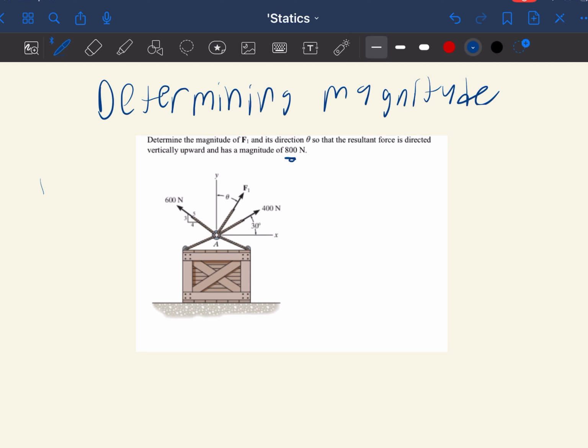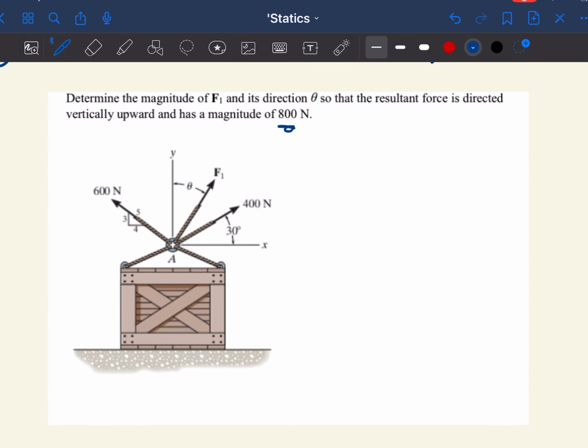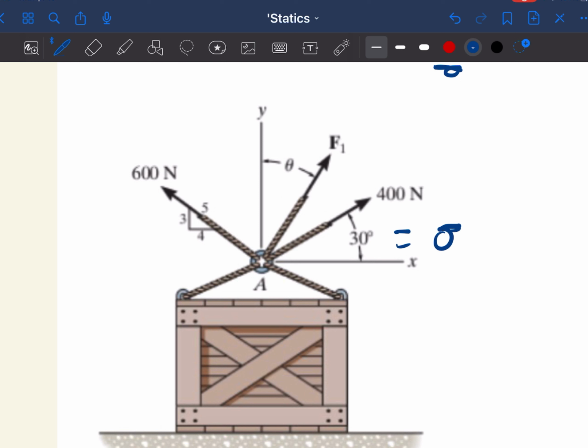So how do we solve this? Well, the first thing I like to do is work in variables, so I'm going to call this angle 30 degrees here sigma. You can also make an angle here if you want to, doing the arctangent of the opposite over the adjacent, which is 3/4, or you can do it the easier way.